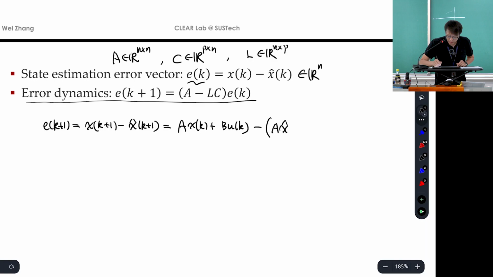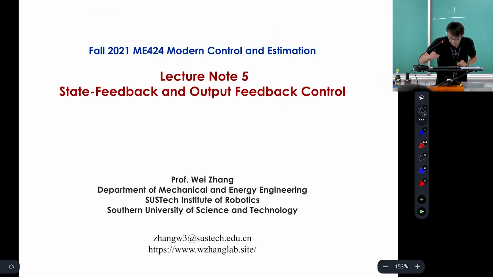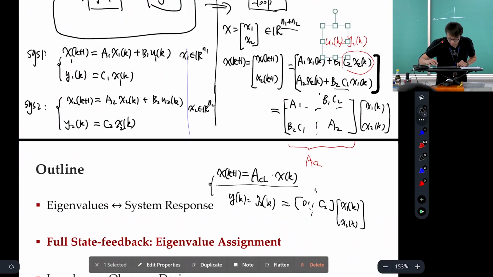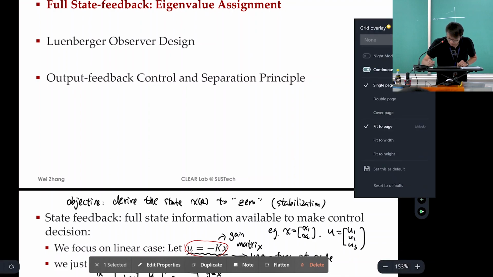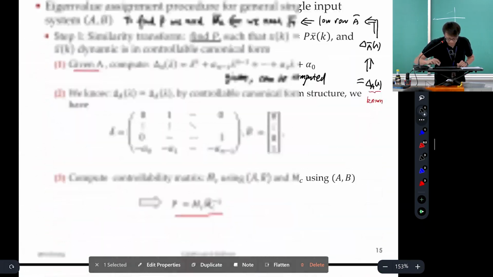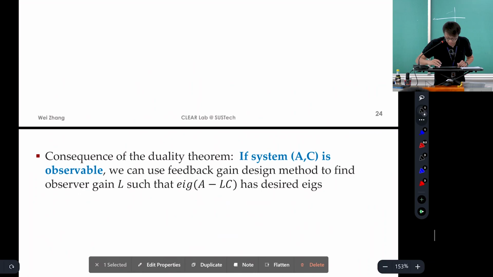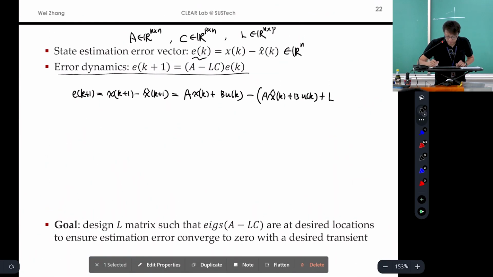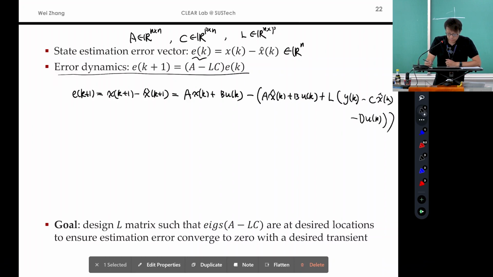It's A xk hat plus B uk, plus L times yk minus C xk hat minus D uk. Okay, that's our Luenberger observer.